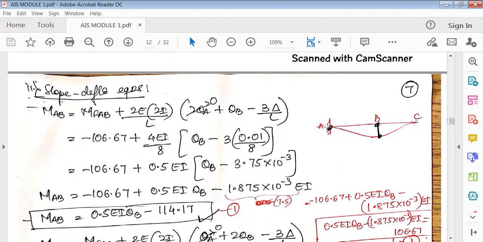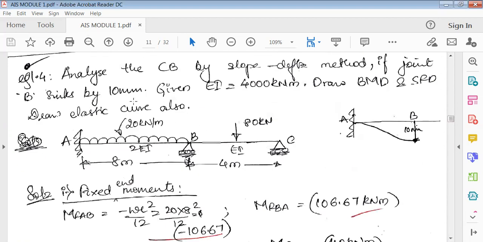Now in this AB span, the left support is straight, the right support is sinking. Because the right support is sinking, it is plus delta. So I'll write it here as theta B minus 3. Instead of this delta value, you should substitute 10 mm.